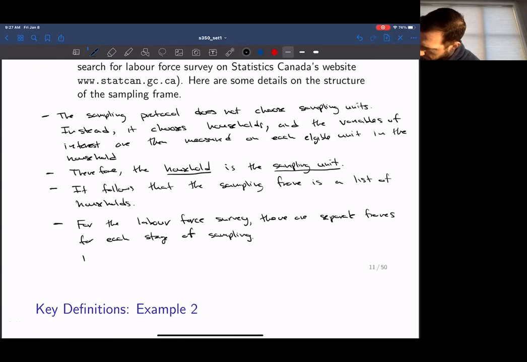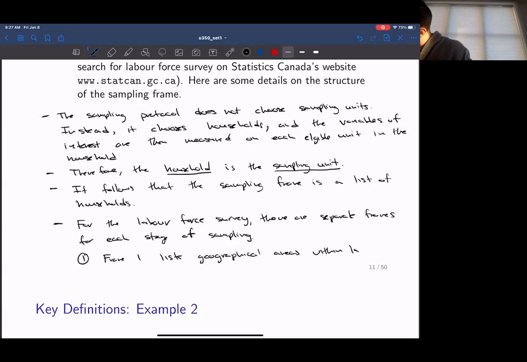So the first frame lists geographical areas within large regions of interest.